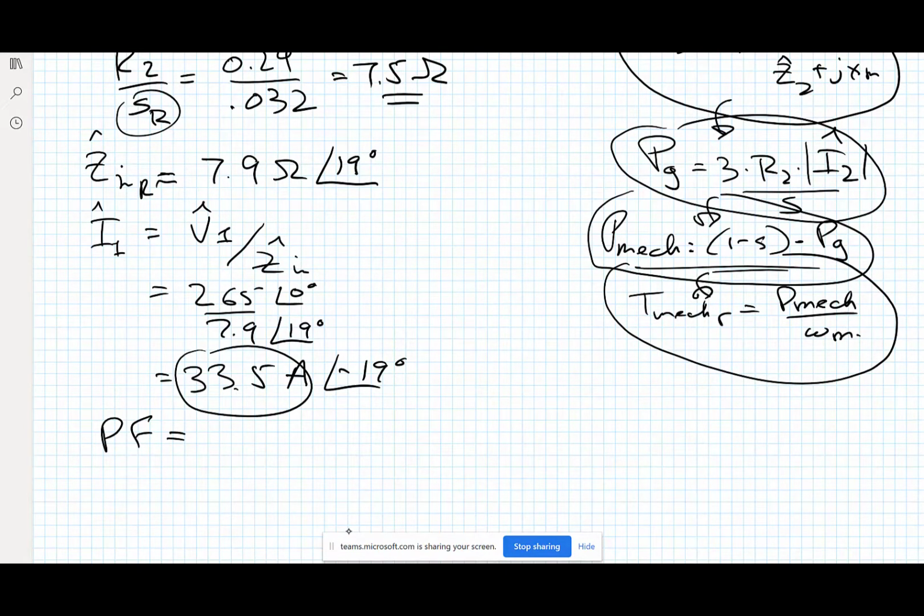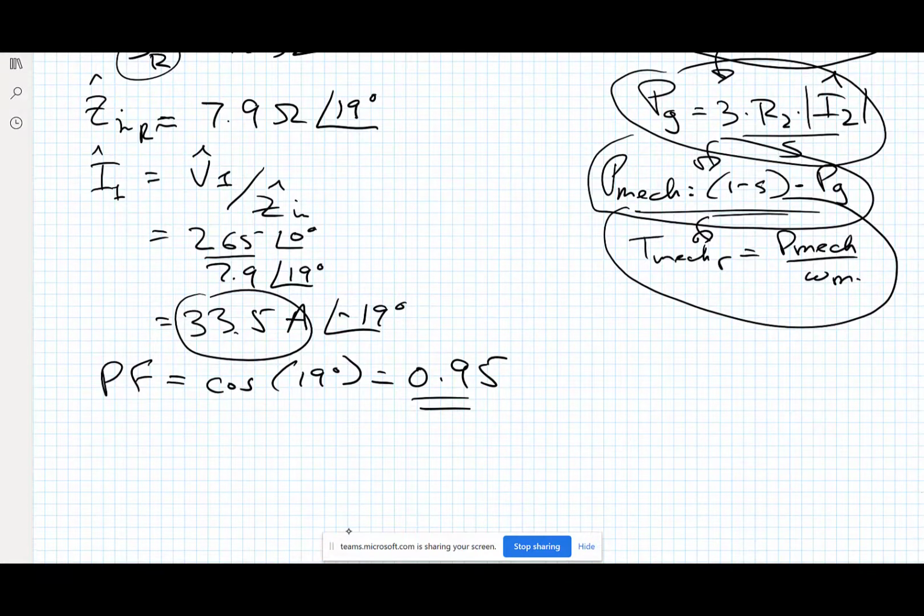My power factor is cosine of 19 degrees, which is 0.95. Looking into this motor, I could find my rated volt amperes.